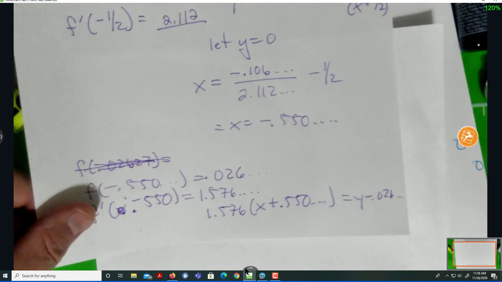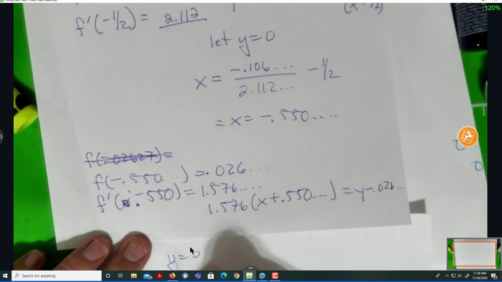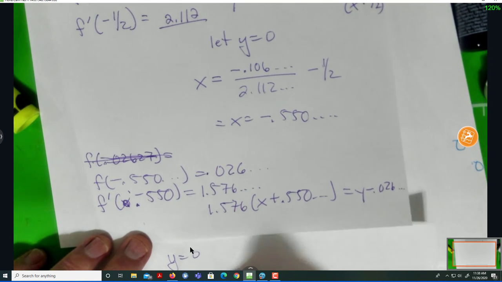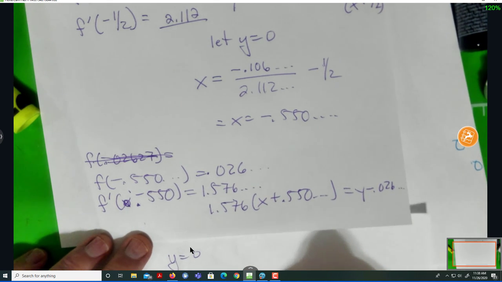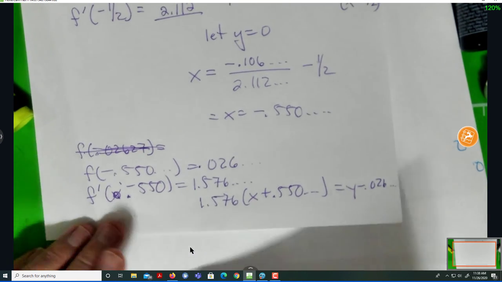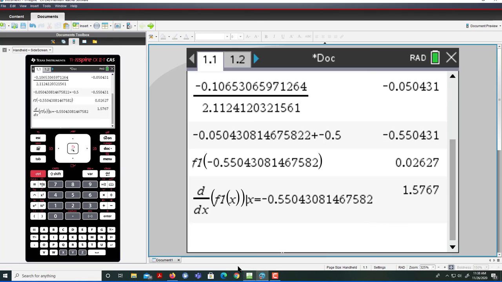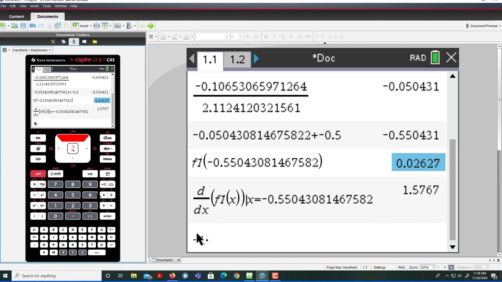Now, what I'm going to do is I'm going to let y be 0. So I get negative 0.026 divided by 1.576, oops, don't forget the 7 like Mr. Isaac just did, minus 0.550 is x. Notice I did all that in my head, but I'm going to use my calculator. One mistake and you are toast. So I'm going to go negative 1 times, there's what I need.